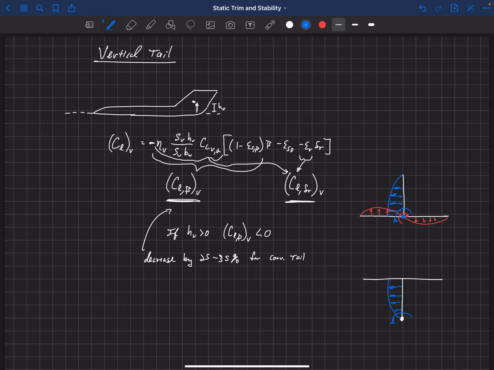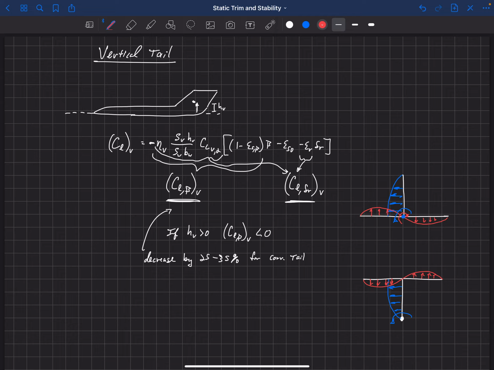So that's stabilizing. And now let's look at the influence of the horizontal, which is going to have some lift distribution that looks like this now. Because of the low pressure over here on the left-hand side, we're going to get some downward force. And then the high pressure on the other side, we're going to get some upward force, okay?